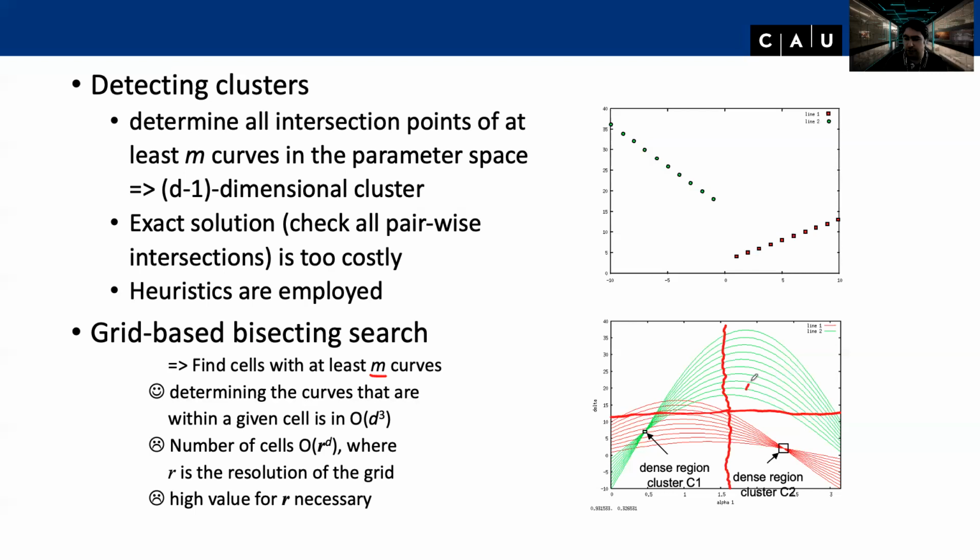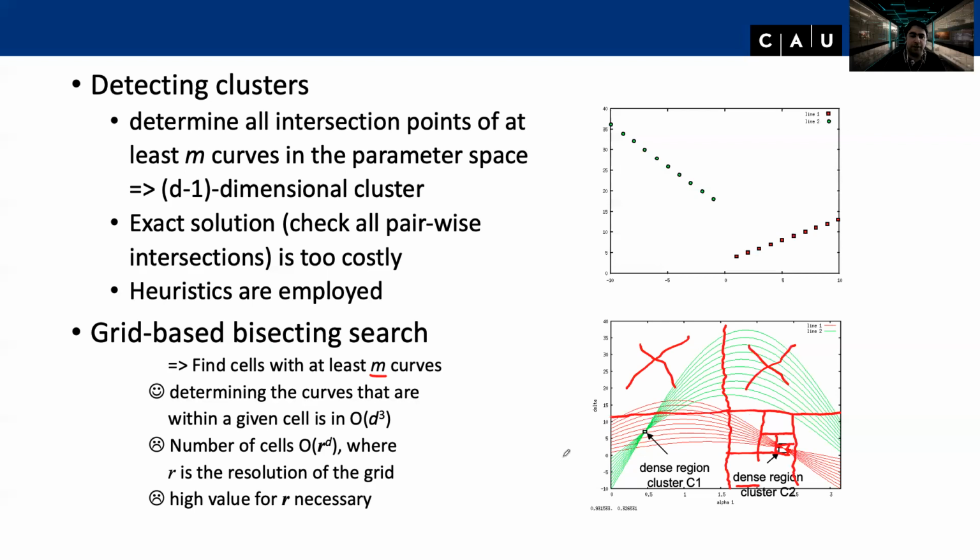And then we say, for instance, nope, we don't have enough curves here, so we prune it here. Then we also prune it here. This is what is meant by bisecting. Then we go here again and cut it in half, like here and here. Then we cut it here in half, and then here in half. And so it continues and continues until we get this region of interest that you see here, this one dense region.